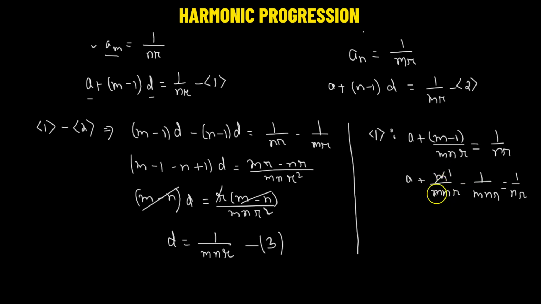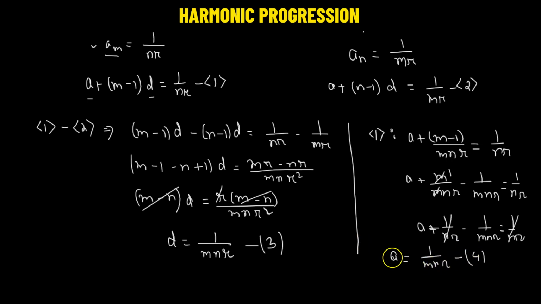The m in the numerator and denominator cancels out. So we have a plus 1 over nr minus 1 over m n r equals 1 over nr. We can cancel out 1 over nr from both sides, and solving for a, we get a equals 1 over m n r. So this is number 4.